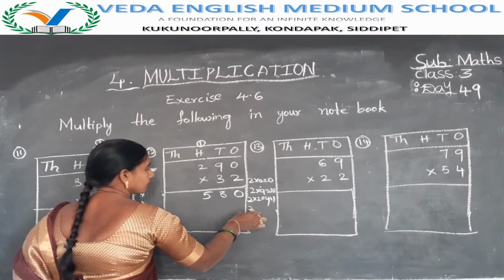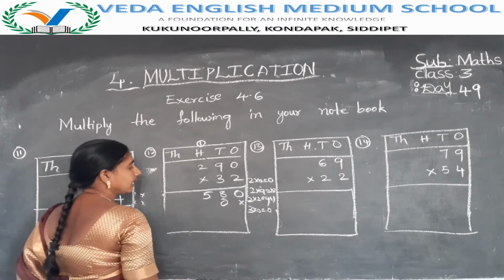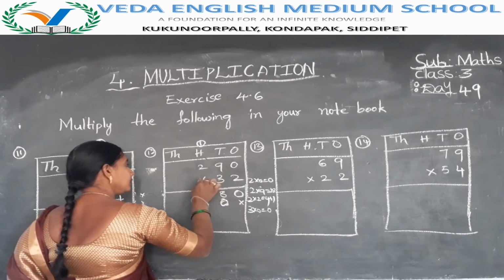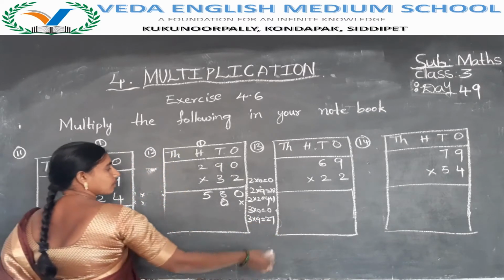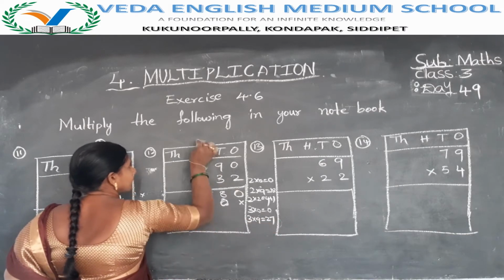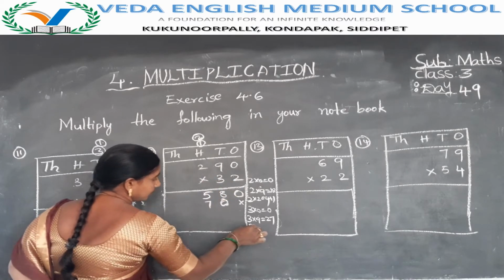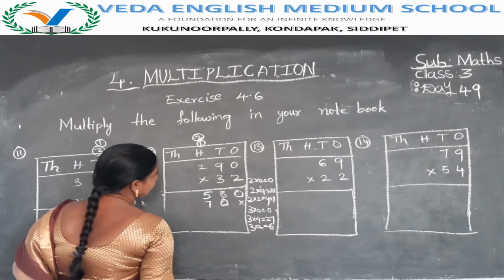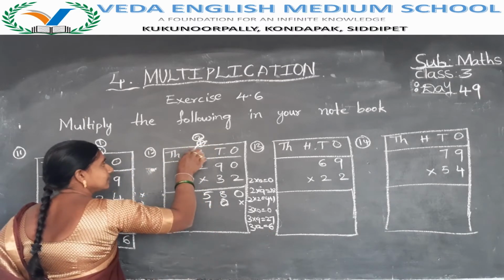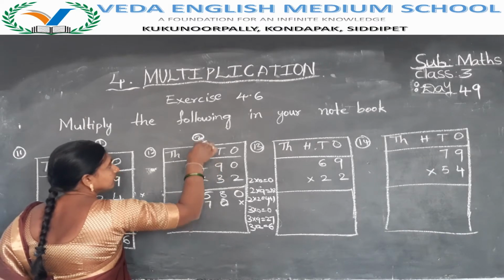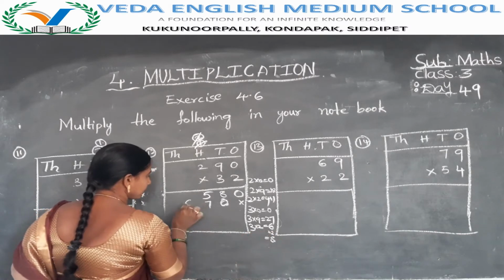Next, in the tens place, here 3. That's 3 into 0. 3 zeros are 0. Then 3 into 9 gives 27, so write 7 and carry 2. Next, 3 into 2. 3 twos are 6, plus the carry 2 is 8.